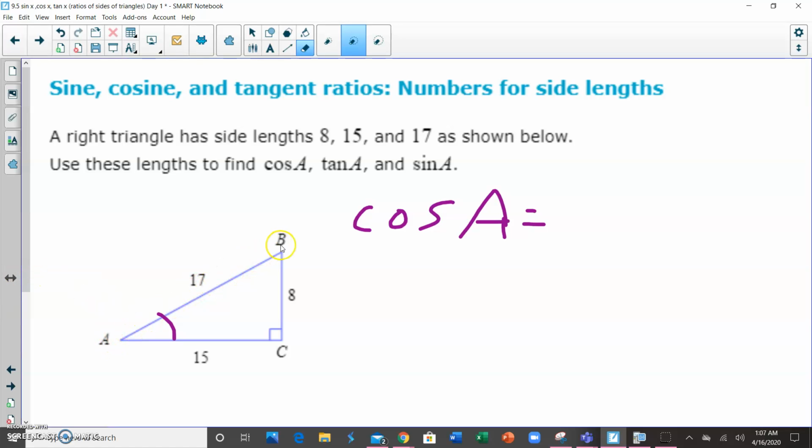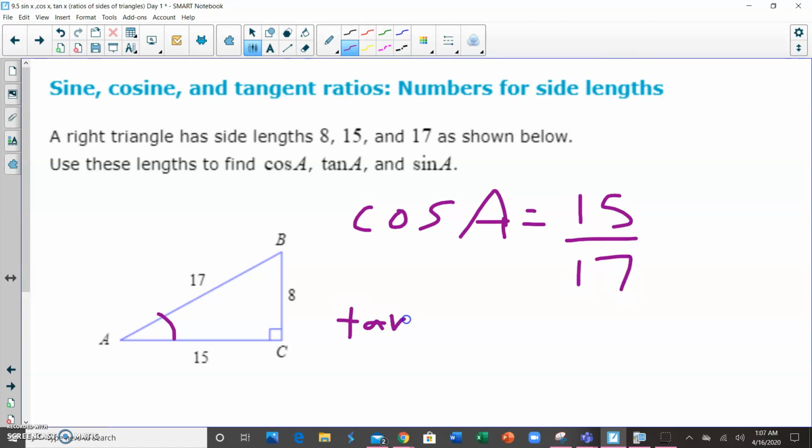The hypotenuse is always 17 because that's the longest side, across from the right angle. There's your 8, the opposite side, and the adjacent is your 15. So for the cosine of A, my adjacent is 15 and my hypotenuse is 17.